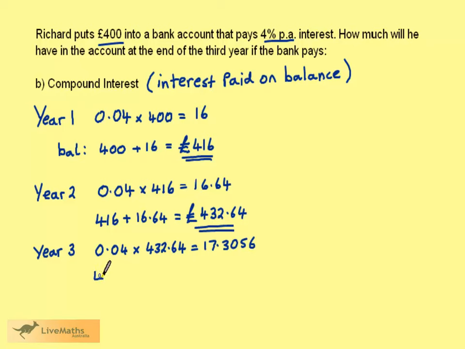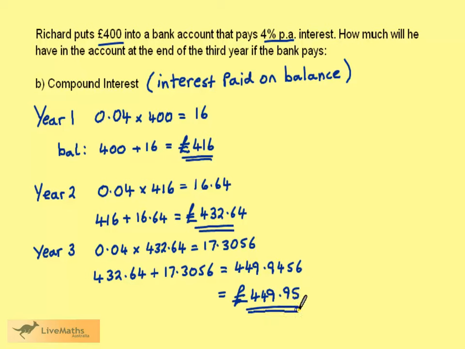The balance at the end of the year will be the balance at the start of the year added to the interest. This gives us £449.9456. To the nearest penny, this is £449.95.